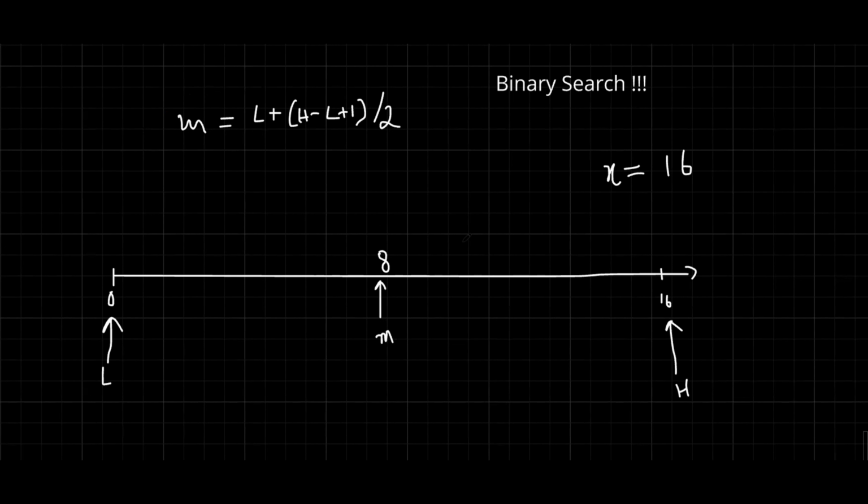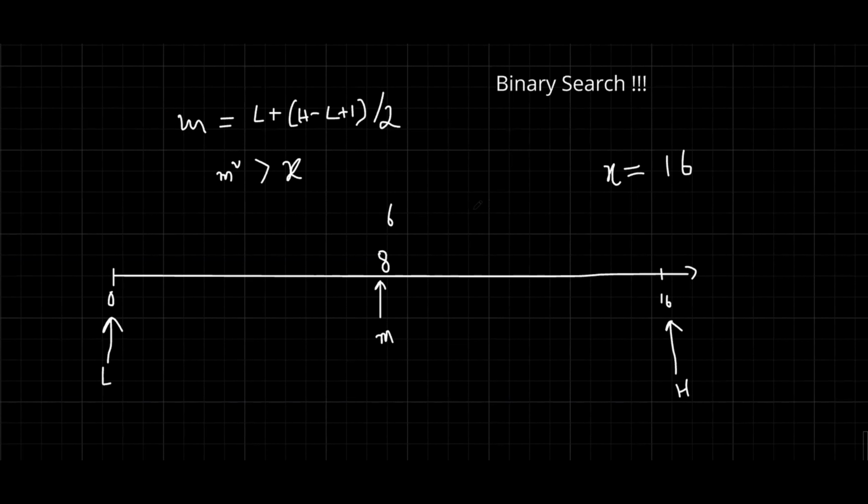Now we have to check several things. It can be possible that the mid value squared is greater than our respective value x. Here the value of 8 squared will be 64, which is greater than the value x, which is 16.